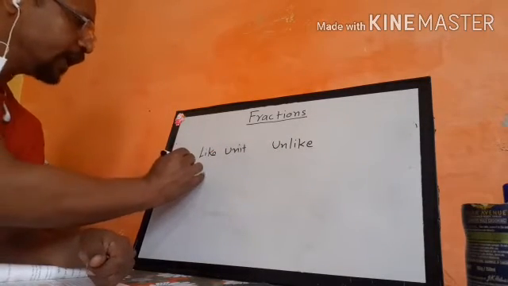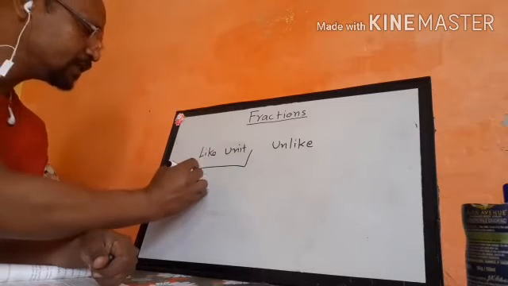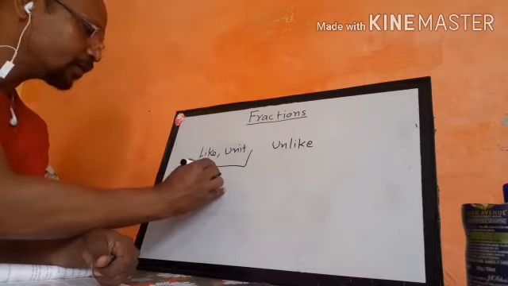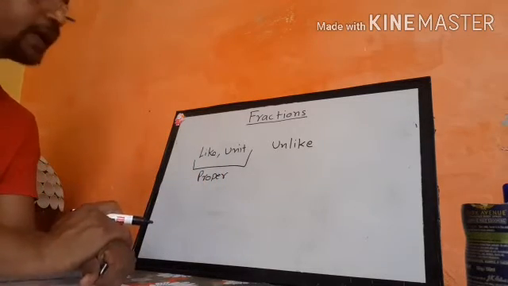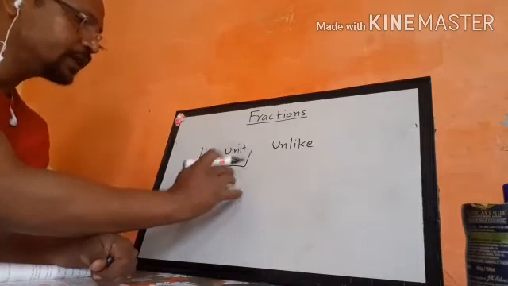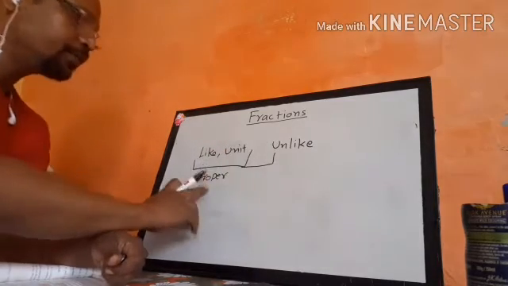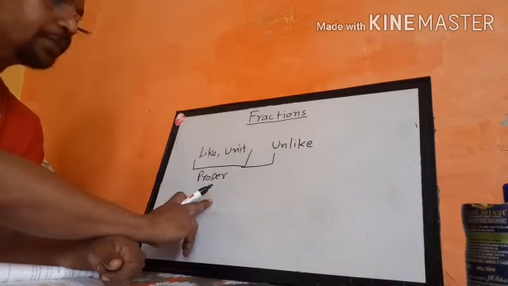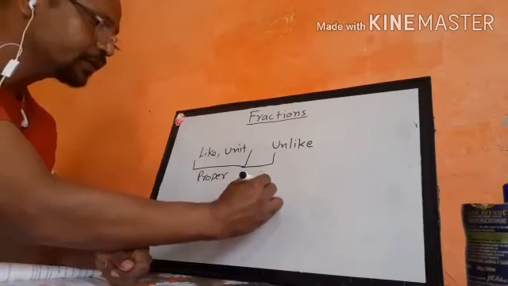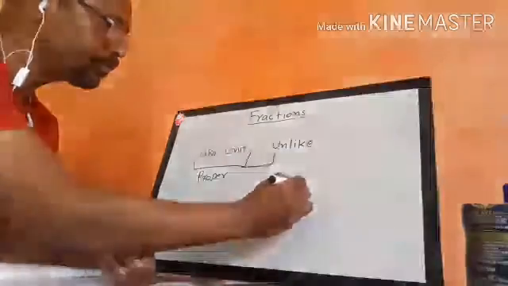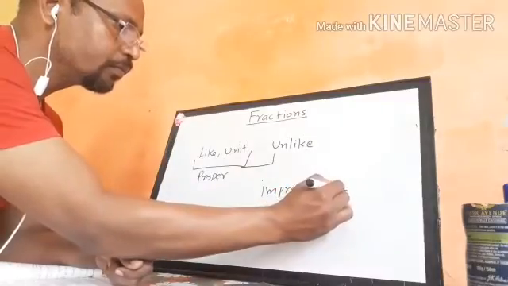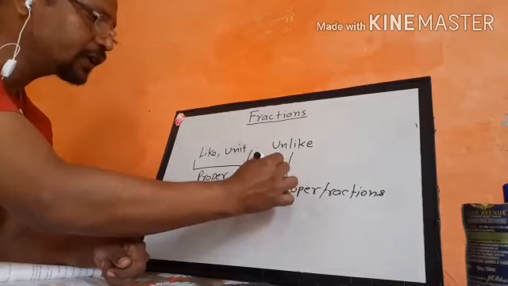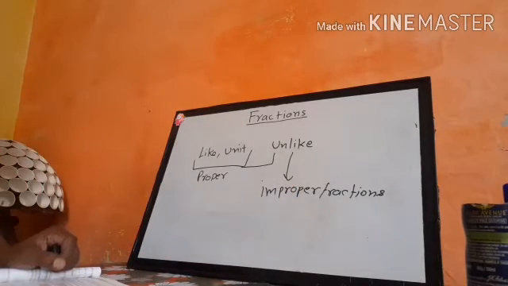Out of these three, like and unit are always known as proper fractions, and unlike can also be part of proper fractions. But if we talk about improper fractions, then only unlike fractions come into this category.